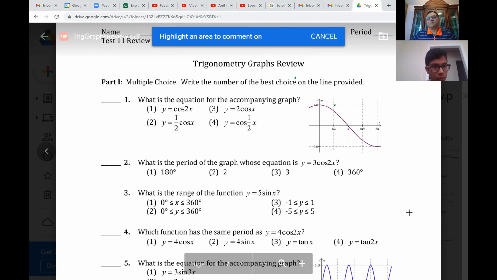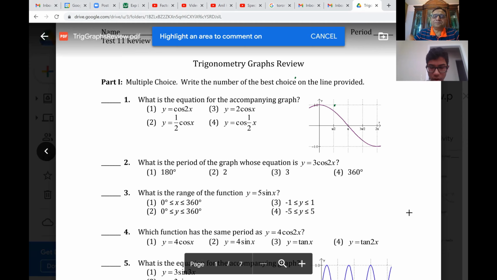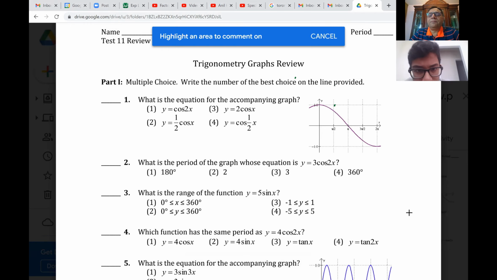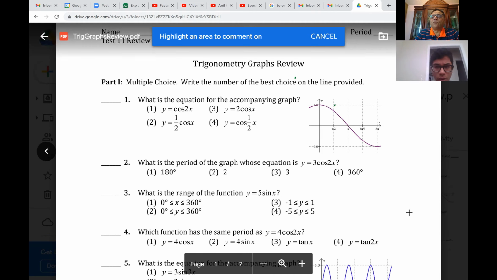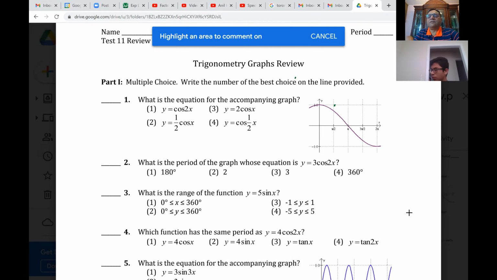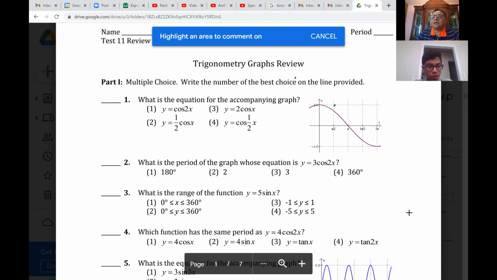Can you now match what is the right answer? It looks like a cosine graph because it starts with the maximum, the amplitude being one. Half of the wave is given to us, and half of the wave is 2 pi, correct? So within 2 pi, there is only half the wave. That is another way of writing the k value.